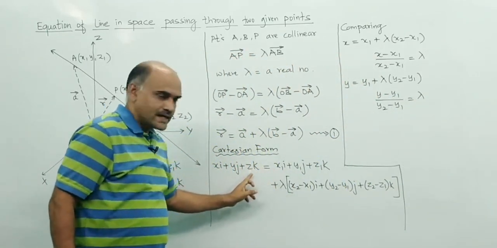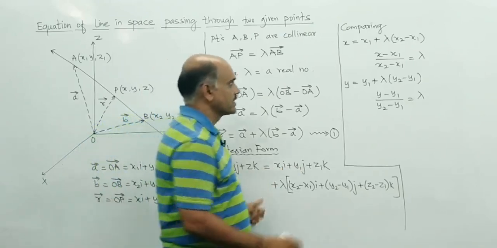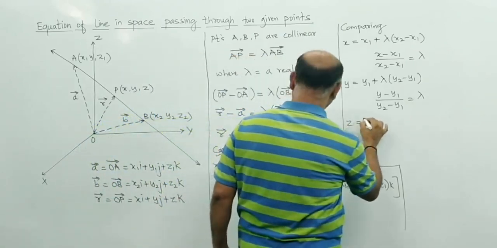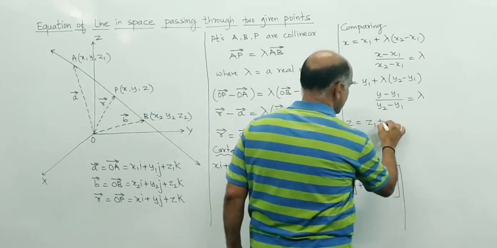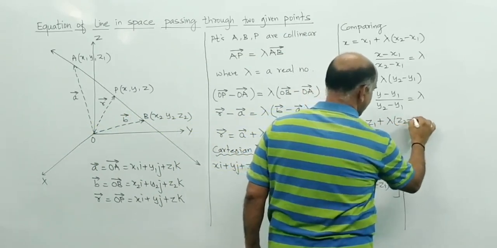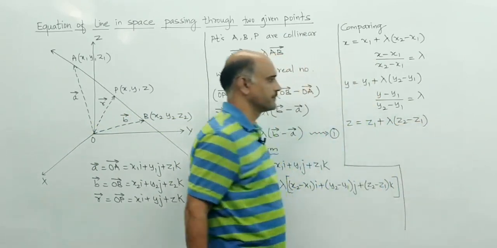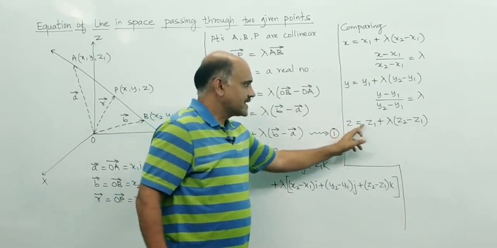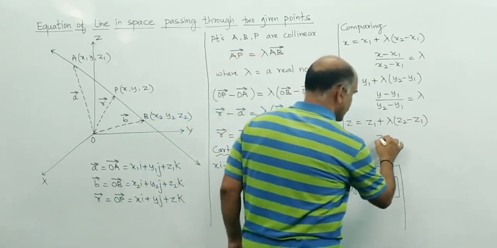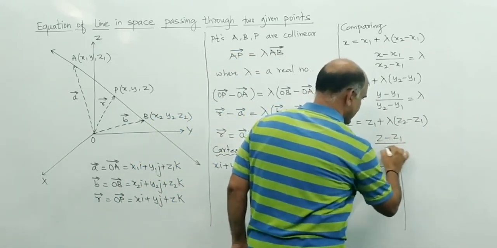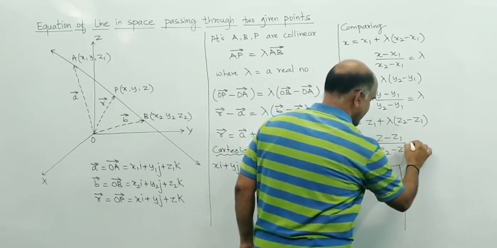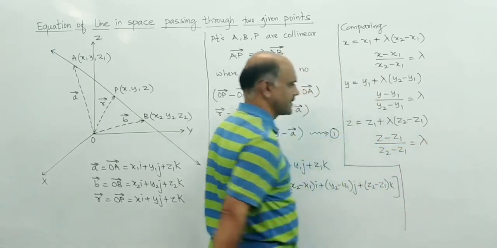Now similarly compare the coefficient of k: z is equal to z1 plus lambda into bracket (z2 minus z1). So I will have (z minus z1) by (z2 minus z1) is equal to lambda.